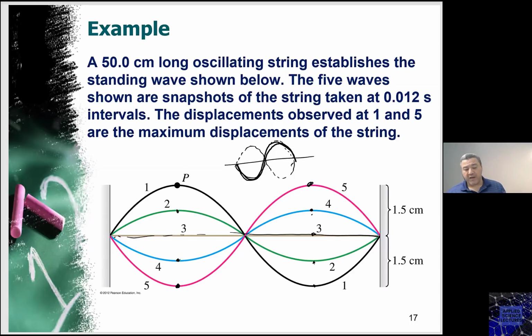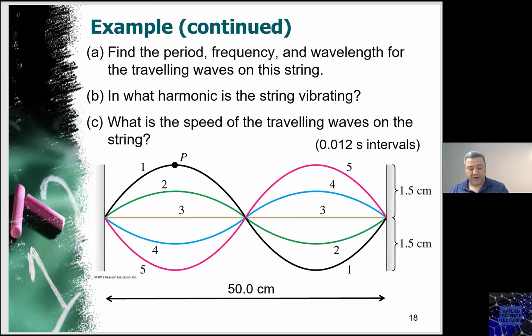So in 5 time intervals, you can see this function flipping from the maximum negative peak here to the maximum positive peak at the 5th time interval. Now the question is asking, find the period, frequency, and wavelength for the traveling waves on this string. So in this case, this is 50 centimeters.